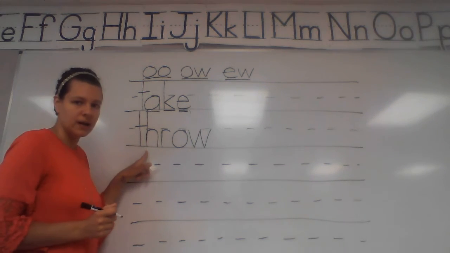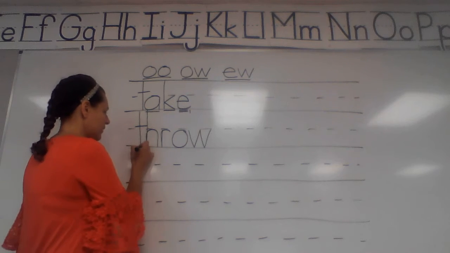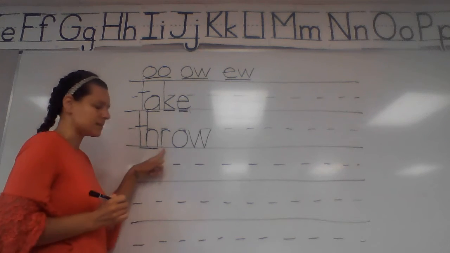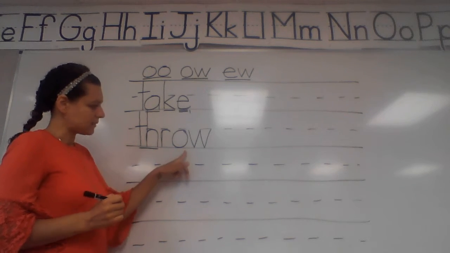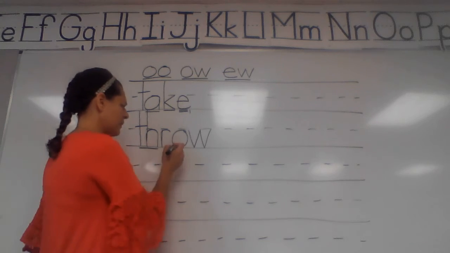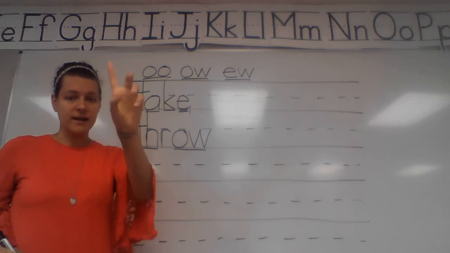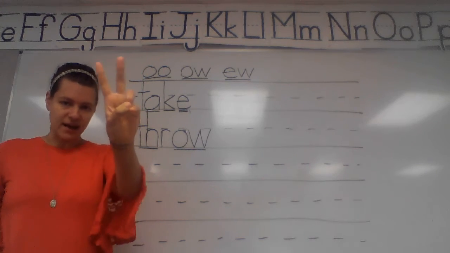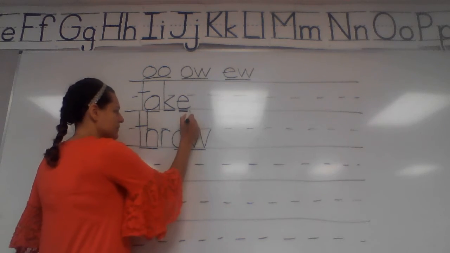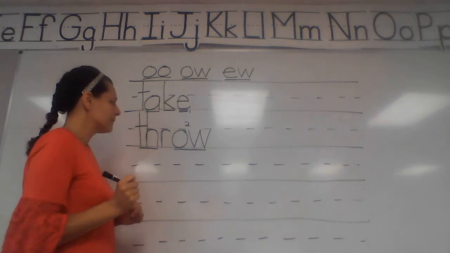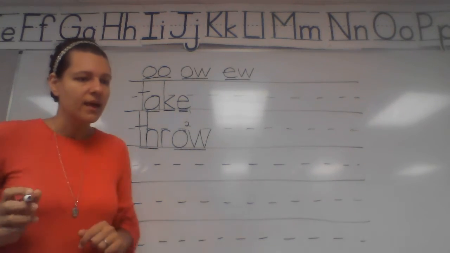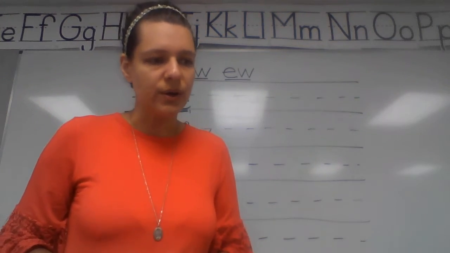Does this need a marking? Good, we're gonna underline it, but wait, what are the 2 sounds of this phonogram? Good, ow, o. It's saying o in throw, so we need to put a little 2 right on top of it.